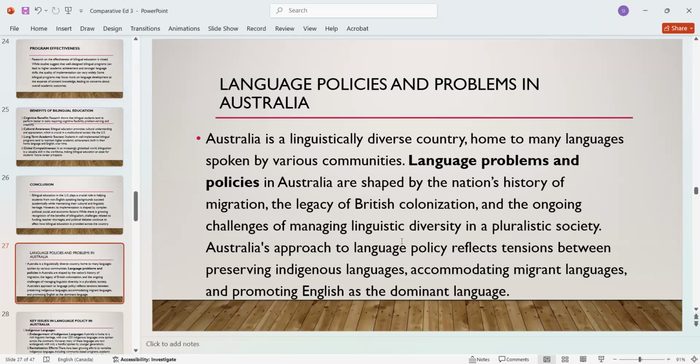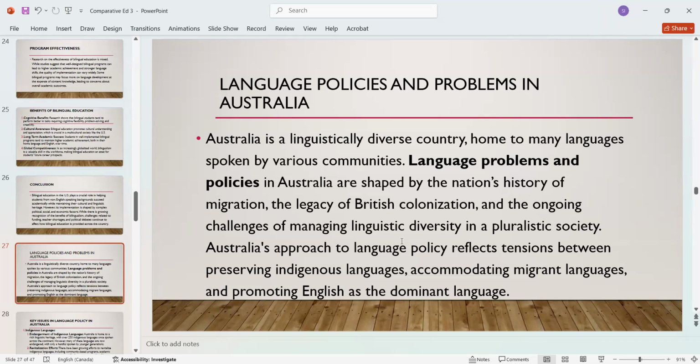So the migrants feel it is easy because all have learned at least English as a second language. So they like to learn in English. That's easy for them to learn and do a degree, right? So language problems and policies in Australia are shaped by the nation's history of migration.